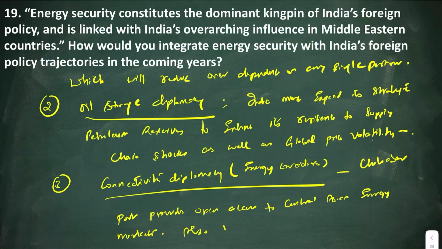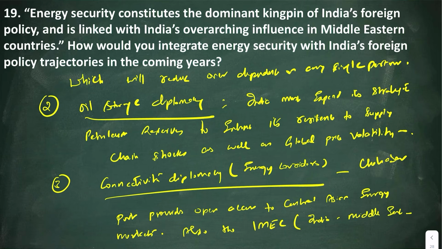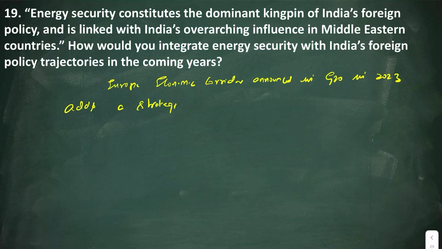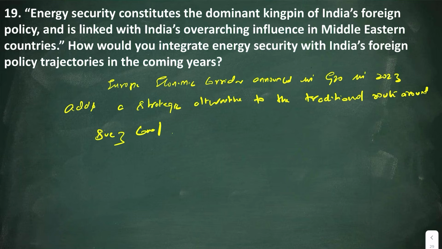Also, the IMEC, in bracket you can say India, Middle East, Europe economic corridor announced in G20 in 2023 adds a strategic alternative to the traditional route around Suez Canal, thus linking energy with infrastructure diplomacy.